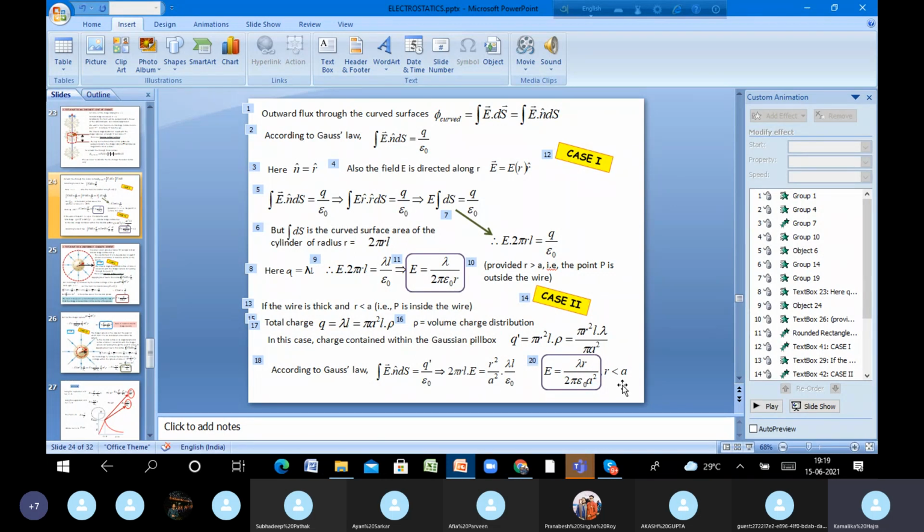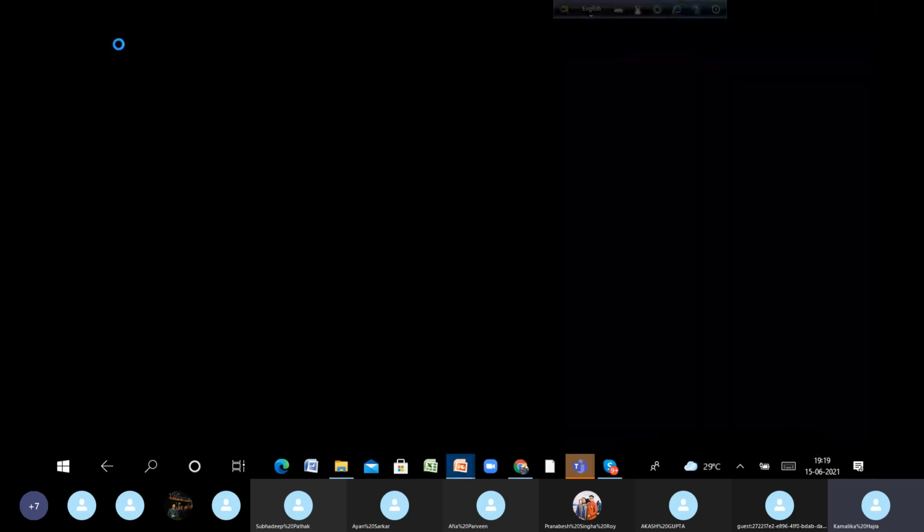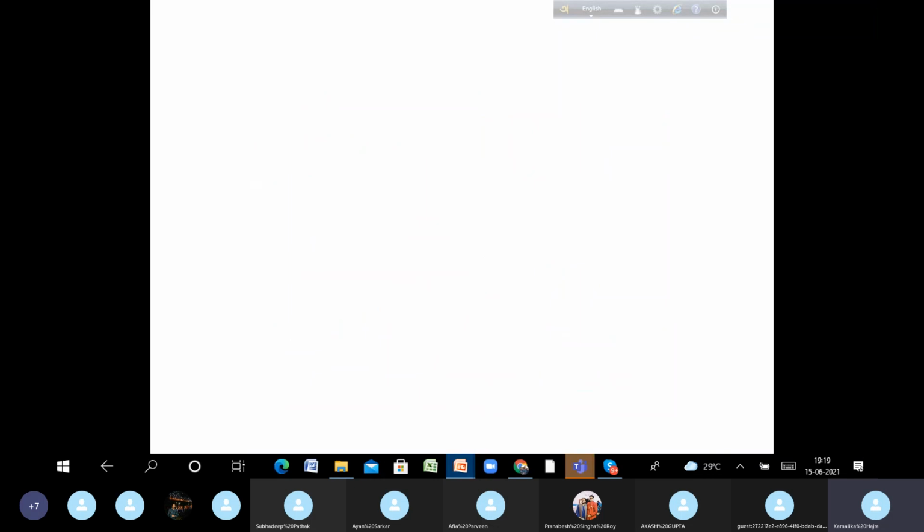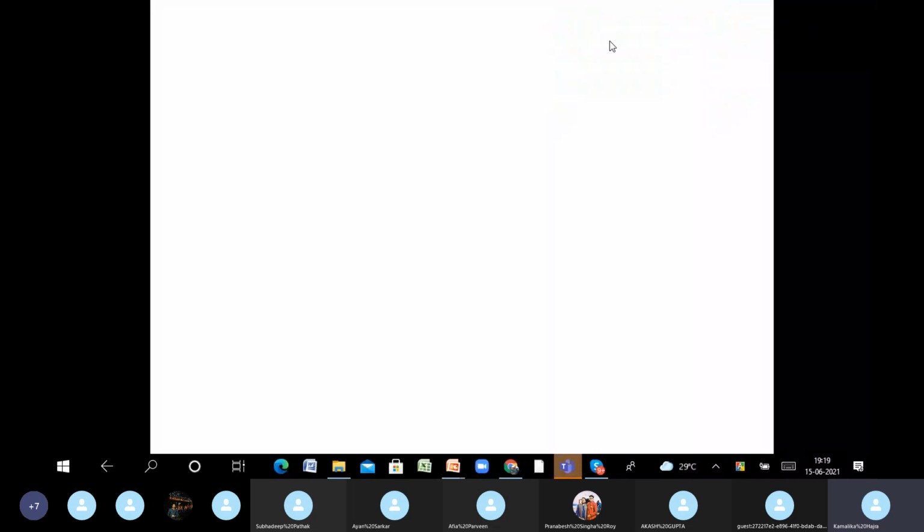So we have done these two cases. Now let us move on to the third case of applying Gauss's law. I just recapitulated the two cases that we have already elaborately discussed in the last class, to remind you how Gauss's law is applied. First you have to determine the symmetry of the problem, so that you can determine the kind of Gaussian surface that you are going to draw.